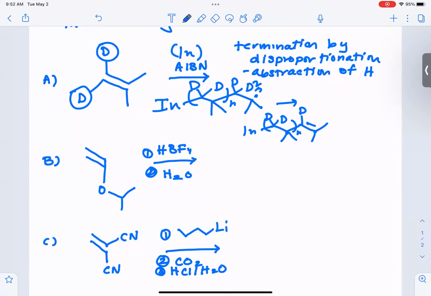In the other product, you will just simply protonate that radical.